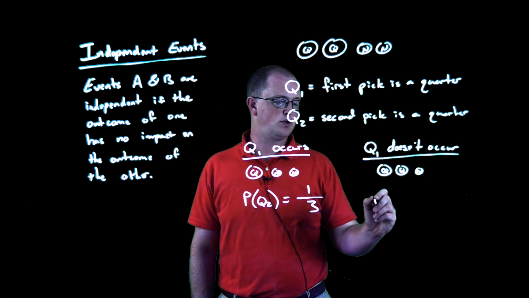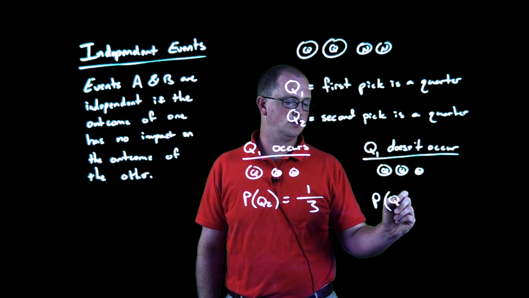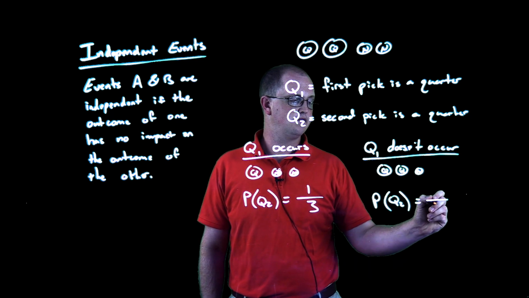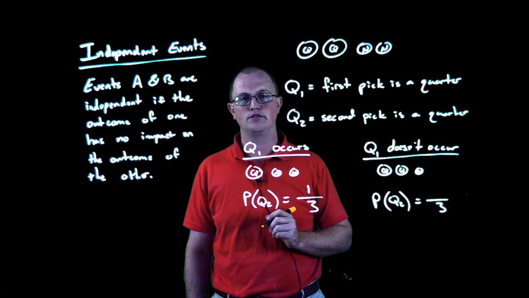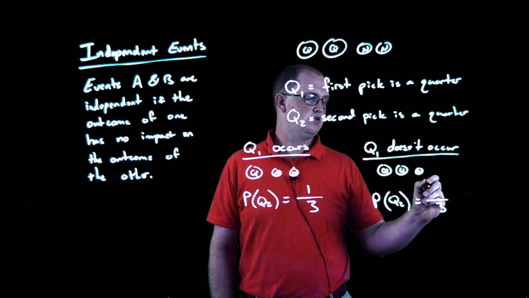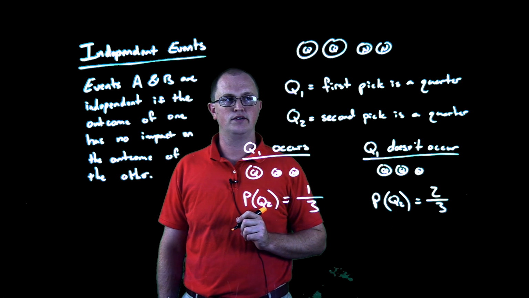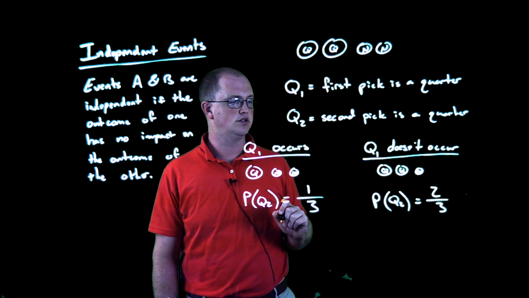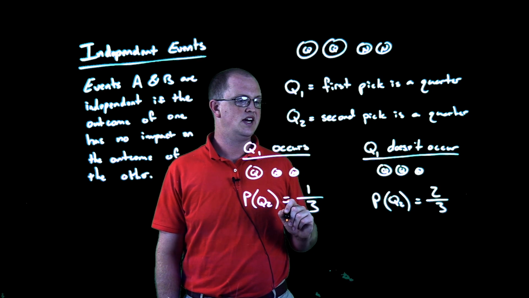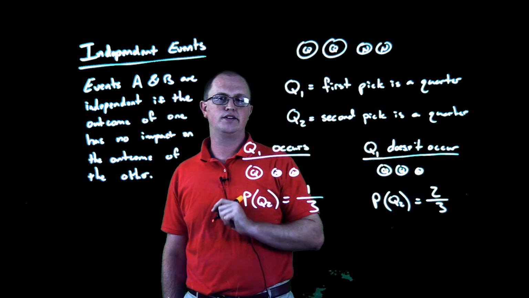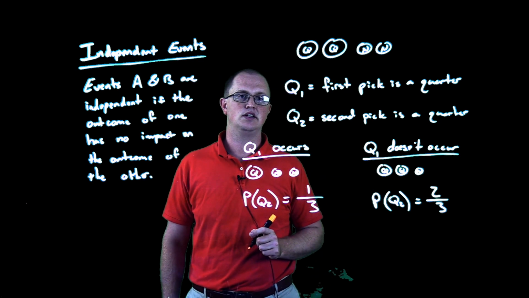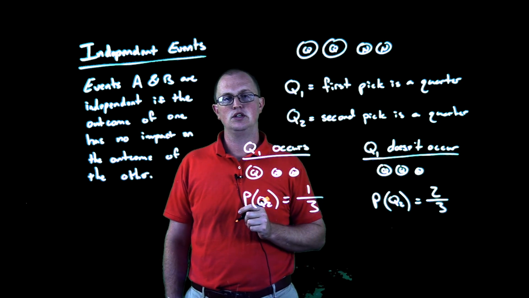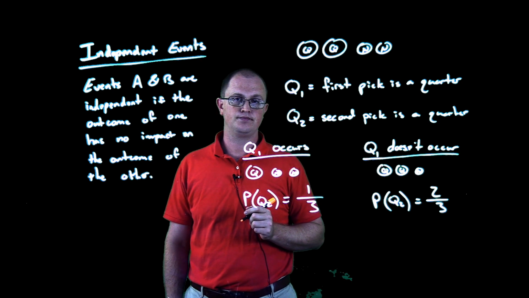And so now the probability of her second pick being a quarter, we again have 3 coins. We're assuming that each of those coins is equally likely, but 2 of them are quarters. So now the probability of her selecting a quarter the second time is 2/3. And so because depending on whether or not that first draw was a quarter or not changes the probability of this second event, Q1 and Q2 are no longer independent.